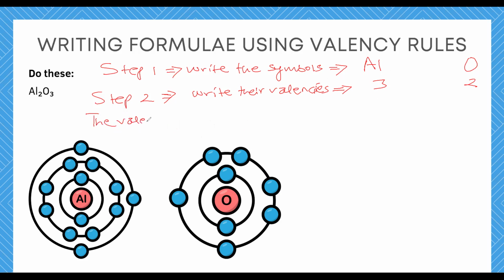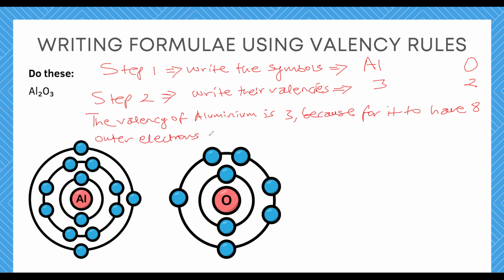The valency of aluminum is 3 because for it to have 8 outer electrons, it can either gain 5 or lose 3. The smaller number is 3.